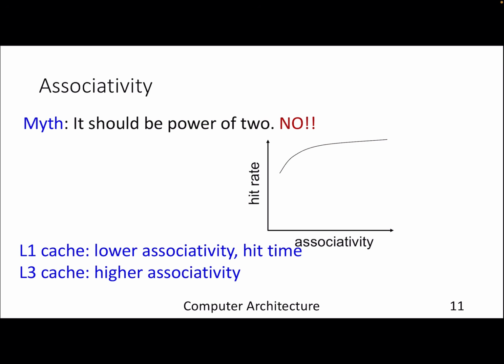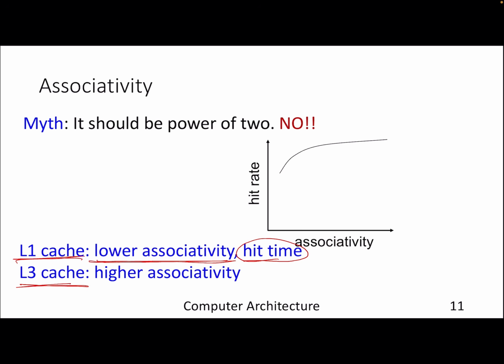Okay. Finally, associativity. Though this plot shows the trend between hit rate and associativity, another crucial point is hit time, right? If you increase the associativity, the number of comparisons will go up, and that will increase the hit time. So that's why at the L1 caches, which are the smaller ones closer to the processor, you will find that the associativity is relatively lower compared to, let's say, the last level L3 cache.